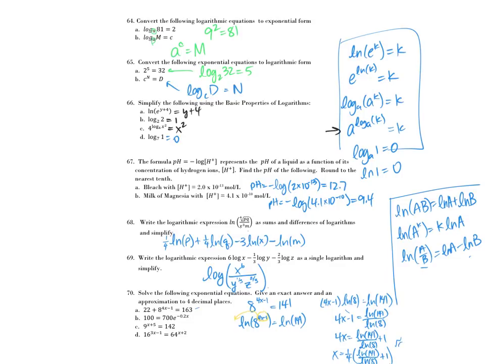So natural log of 141 divided by natural log of 8 plus 1, and all of that is divided by 4. So I got 0.8450, to 4 decimal places.